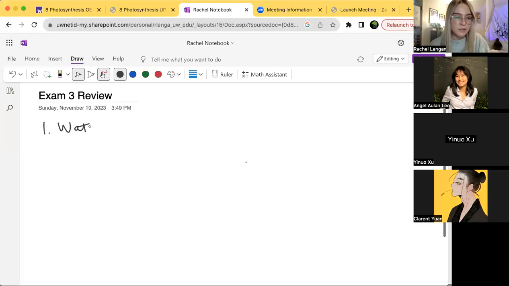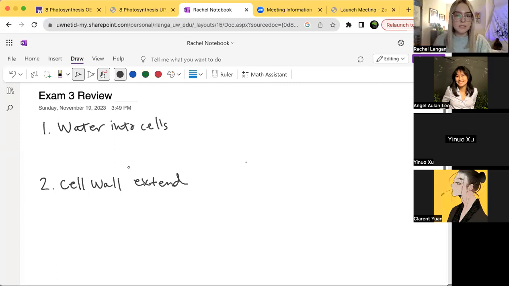One, you need to get water into cells. When water moves into cells, that's going to help them expand. Two, you need the cell wall to extend. So we need to increase the extensibility of the cell wall.